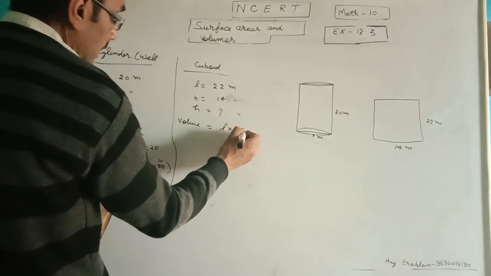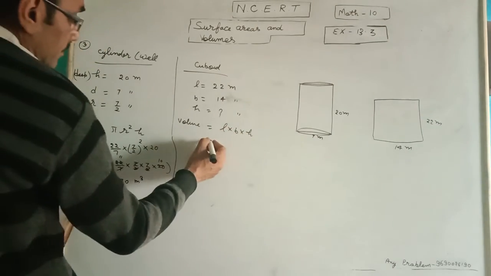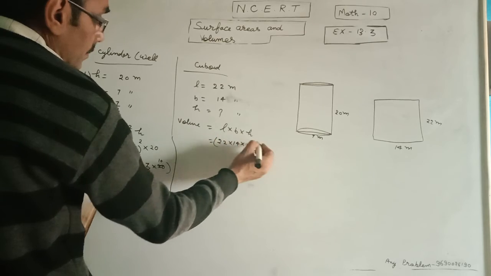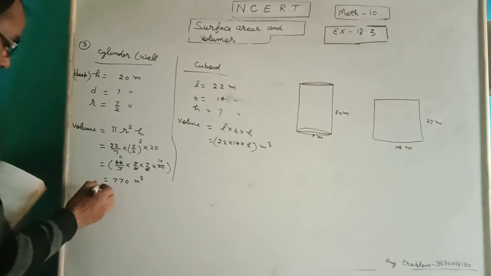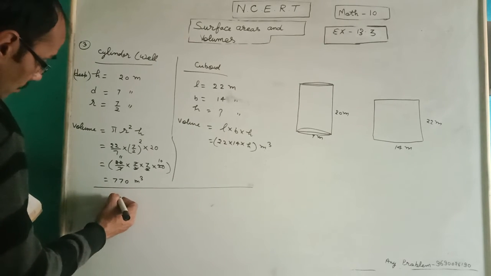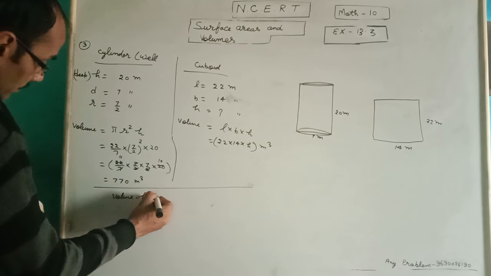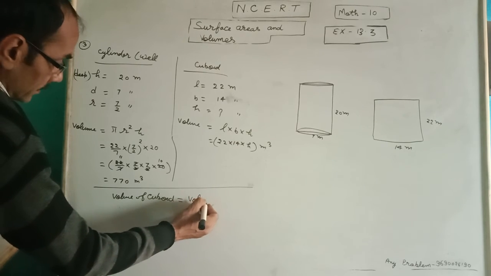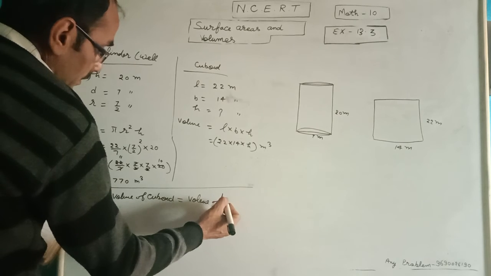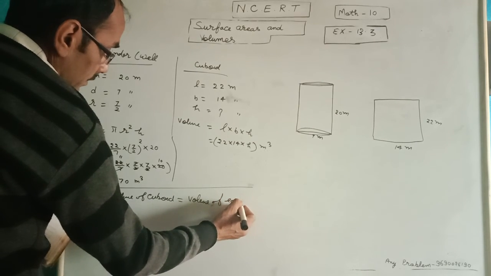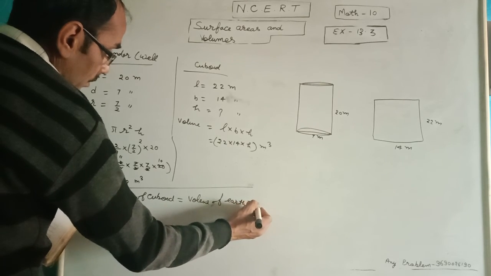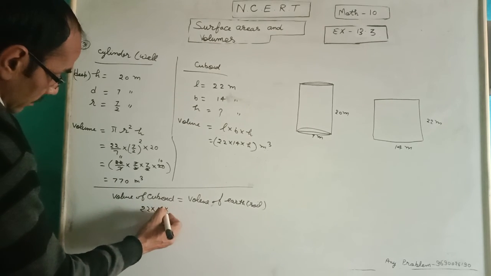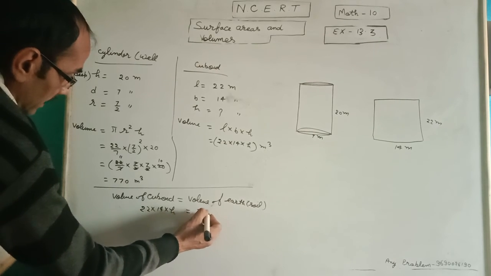Volume will be L into B into H, making a cuboid. 22 into 14 into H meter cube will be the volume of the cuboid, equal to the volume of earth soil. 22 into 14 into H is equal to 770 meter cube.